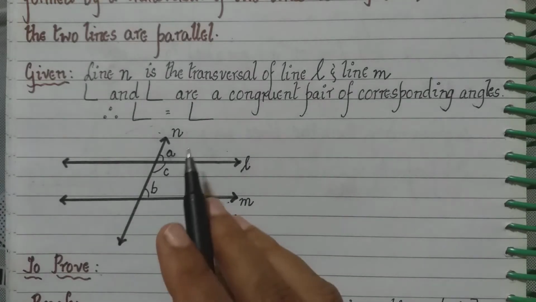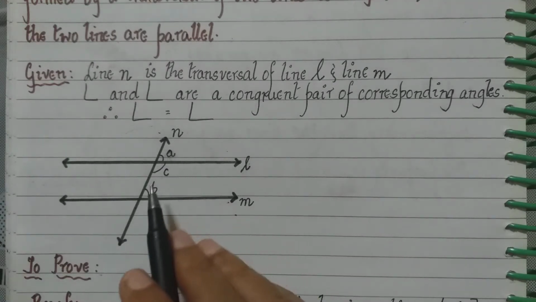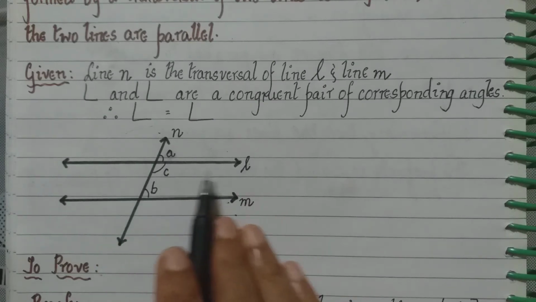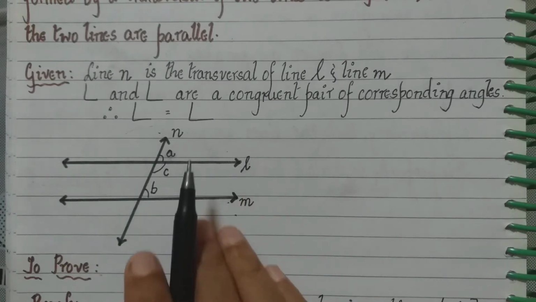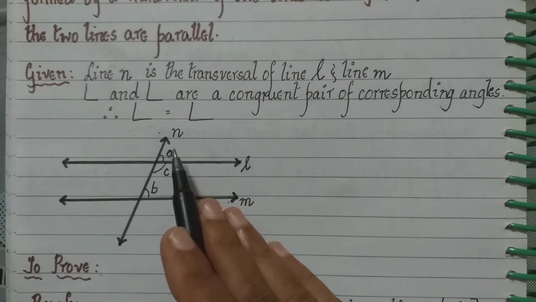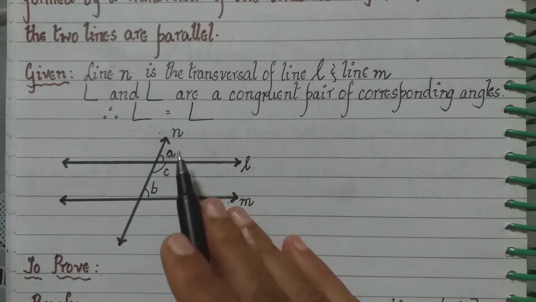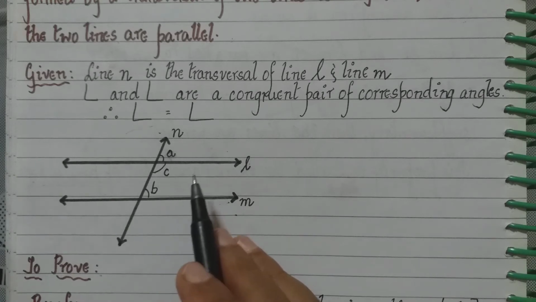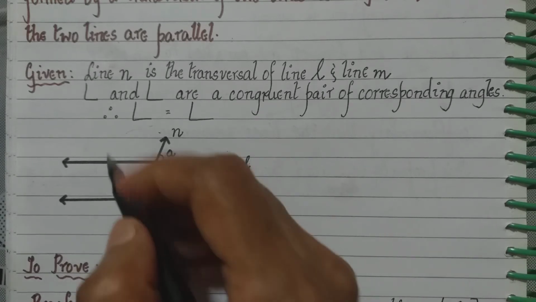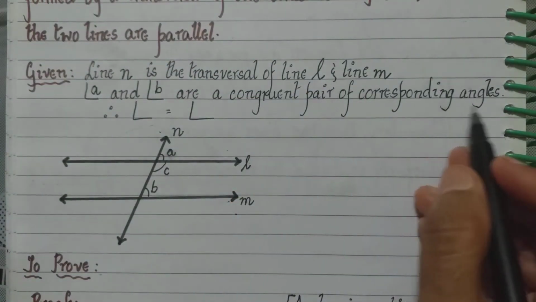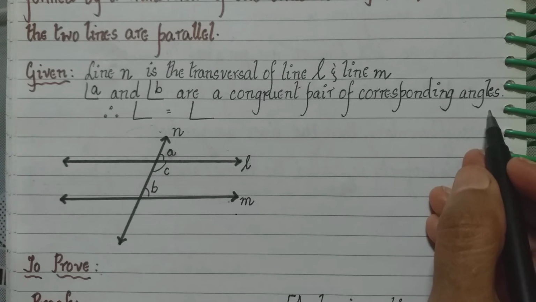If you look at this figure here, you can see angle A and angle B. Both of them are on the right side of the transversal, and at the same time angle A and angle B are above the lines, line L and line M. So which are the pair of corresponding angles? Angle A and angle B, and they have said that the corresponding angles are congruent. So we can say angle A and angle B are a congruent pair of corresponding angles.